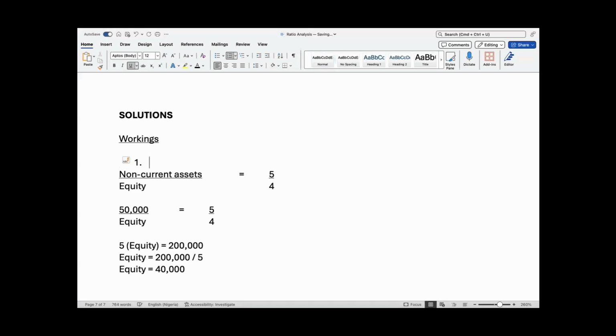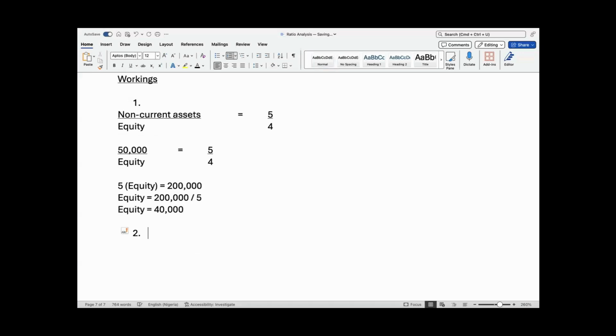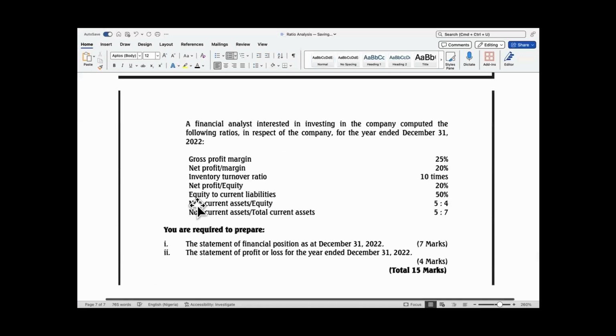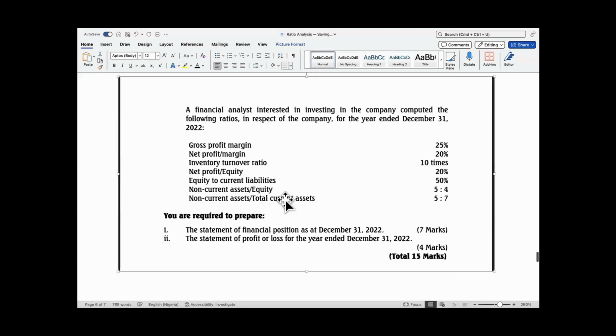So this is workings 1. Now that I've gotten my equity, I can just start getting every other one. Let me quickly get my total non-current assets. I can also get it using this approach.